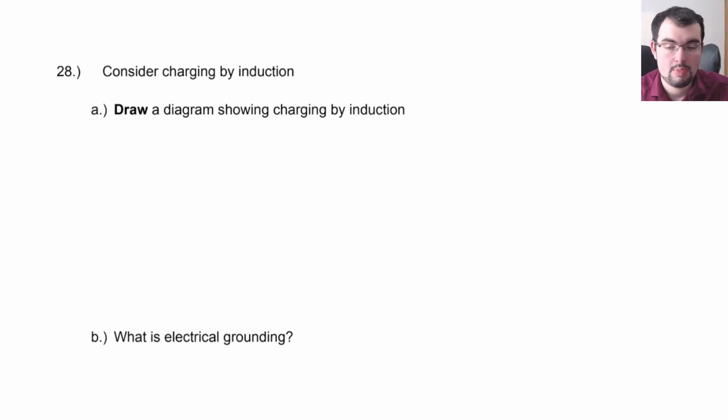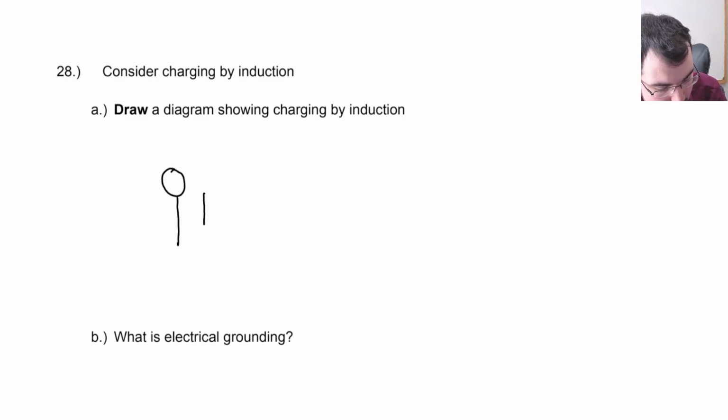Charging by induction. What is charging by induction? Well, charging by induction is this process where we can start with these neutral objects, and then if we put a charged object near them, this is using polarization to charge something without actually touching.